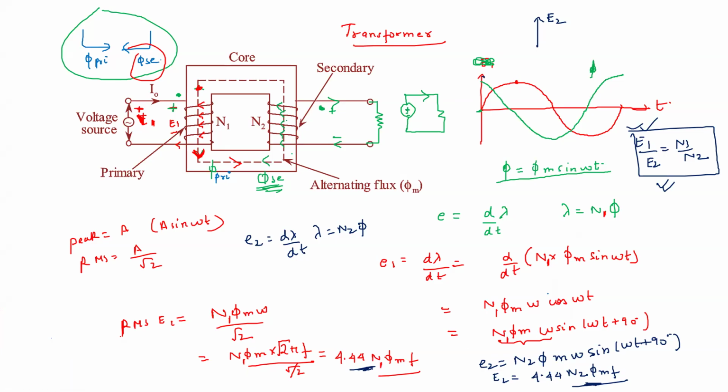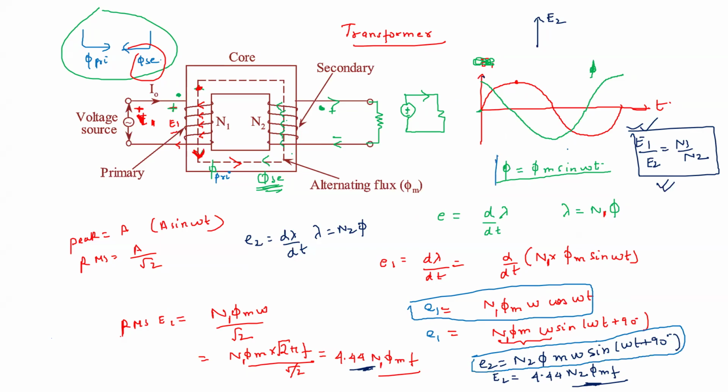It depends on what you are taking your phi as. So this E1 is a cos waveform. E2 is also a cos waveform. Sin omega t plus 90 is cos. E2 is cos and phi is sine.